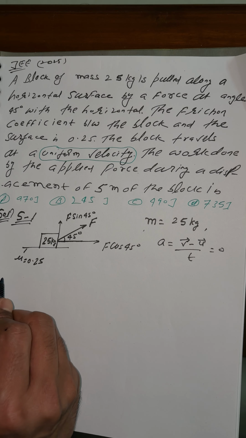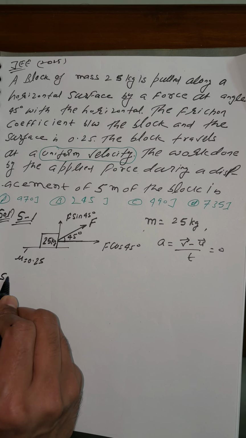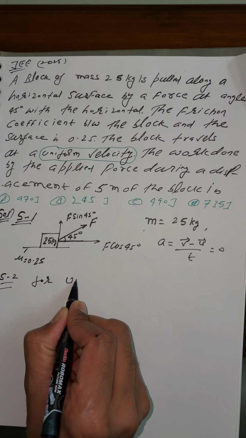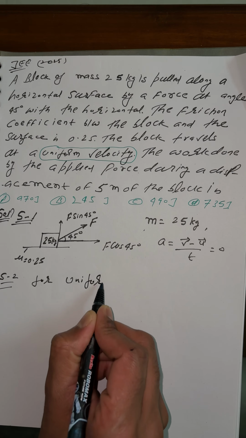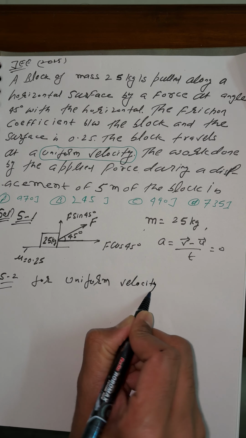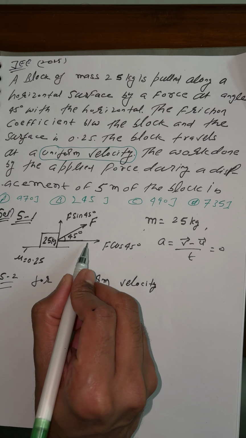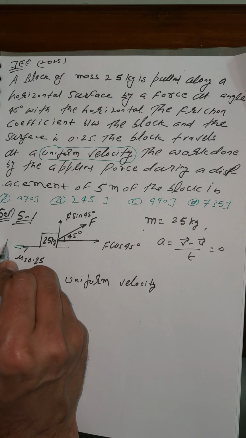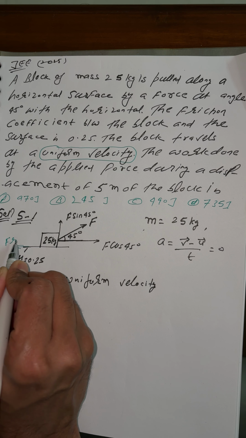Now I'm going to start to solve step 2 for uniform velocity. The system is being pulled towards the right, so you can say, student, this is the direction of the friction force.